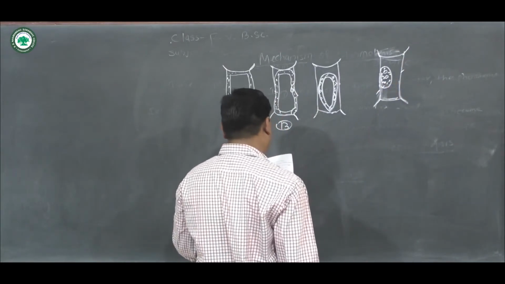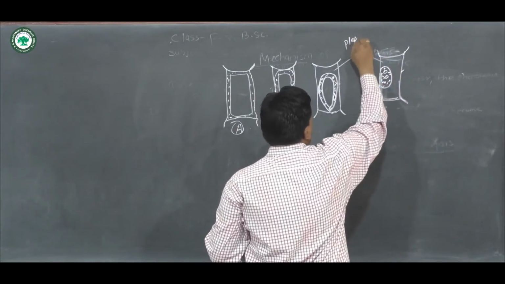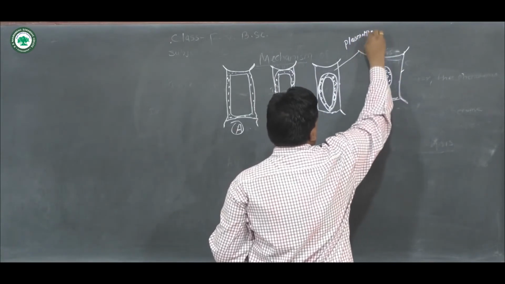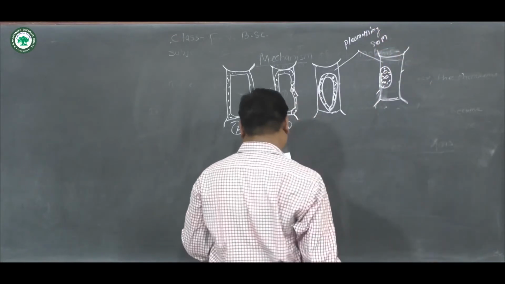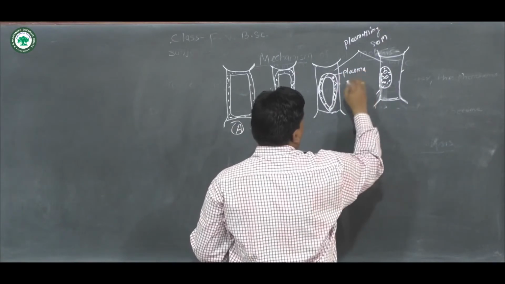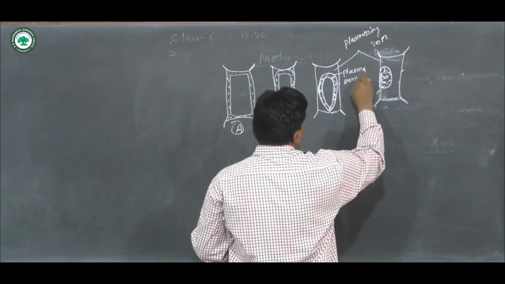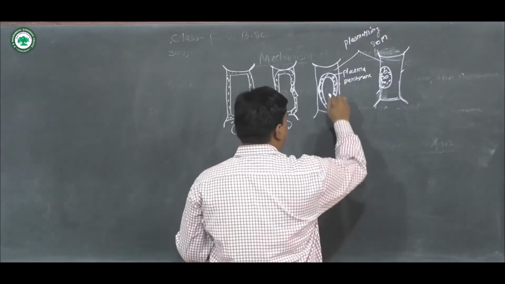Okay, this is the plasmolysing solution. This is the plasma membrane. This is the vacuole.